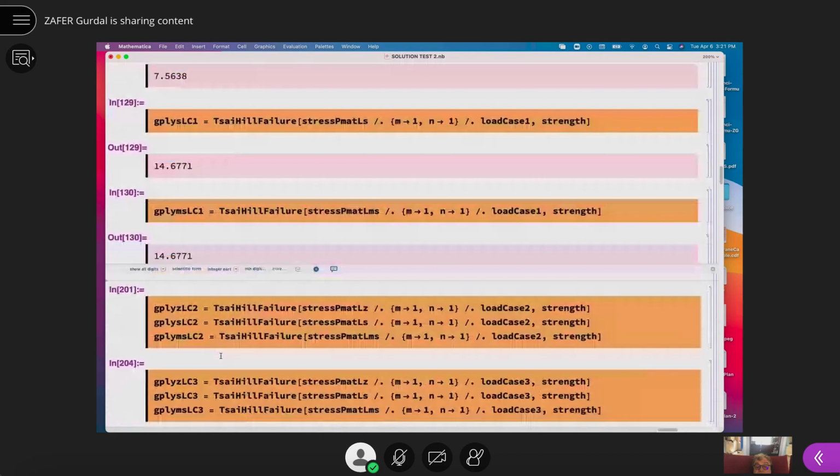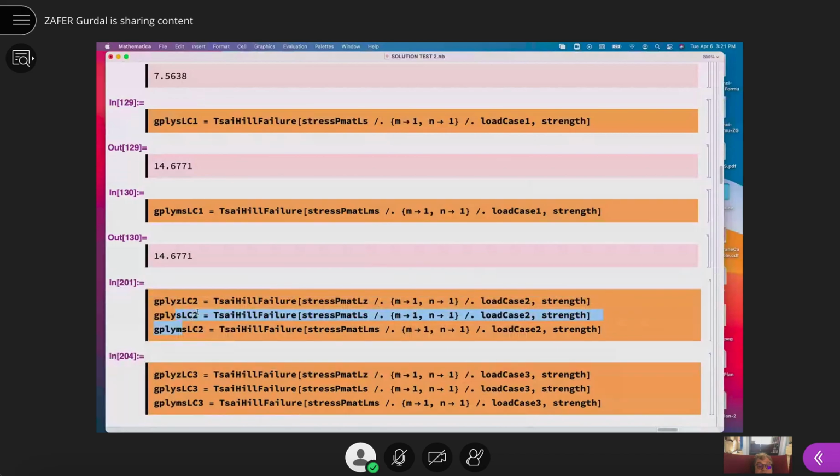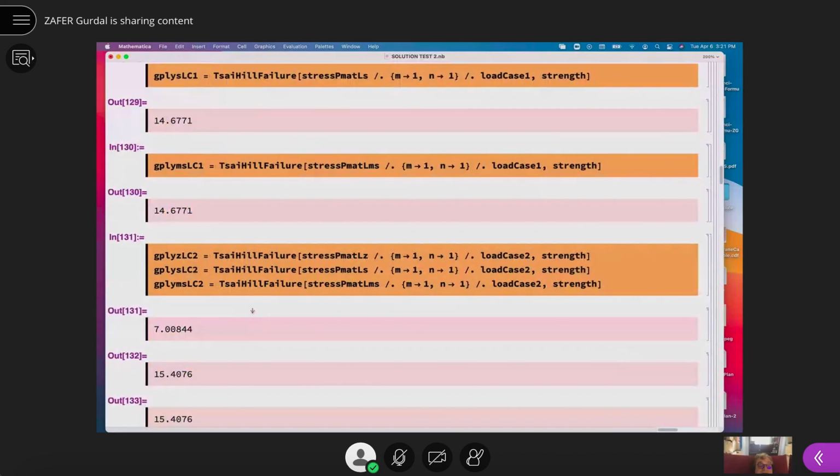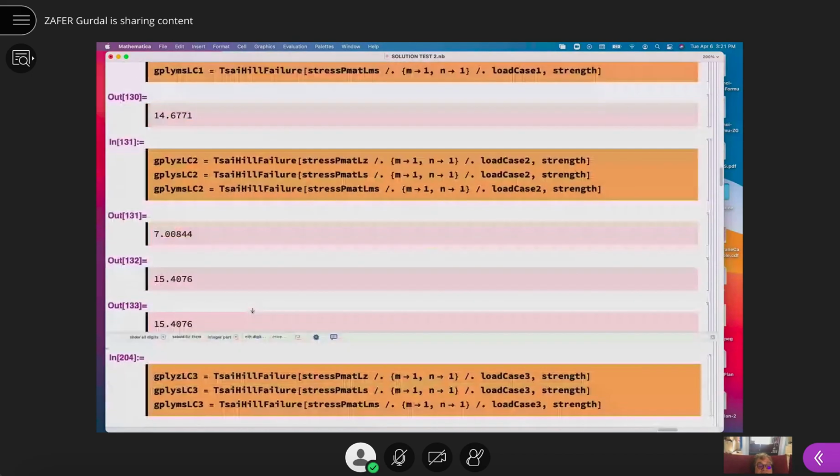If you wanted to do the load case 2, you can do G ply zeros, load case 2, G ply 60, load case 2, G ply minus 60, load case 2. This is also violating.